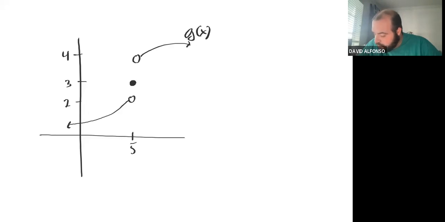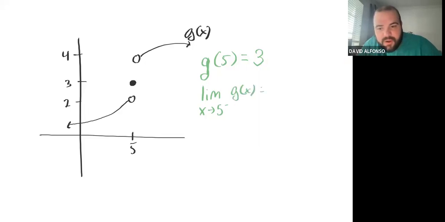So if I were to ask you what is g of 5, what would that be equal to? It is 3, right? But now the limit as x approaches 5 from the left, what value of y is the function approaching as you approach 5 from the left?